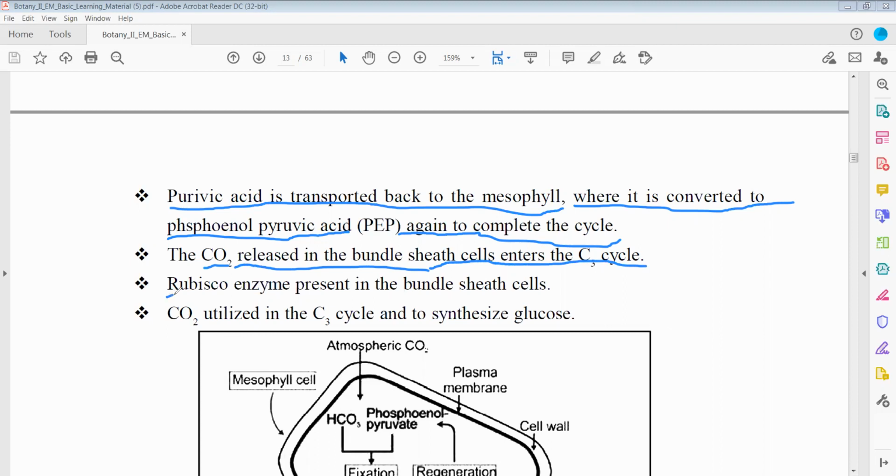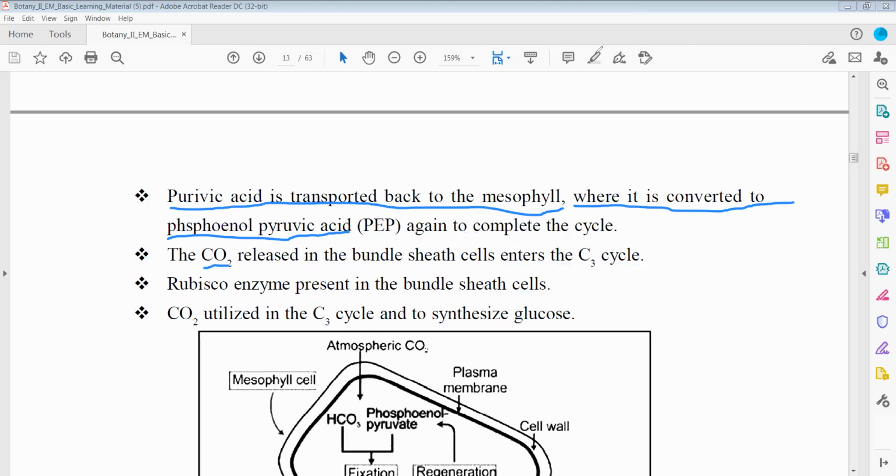The Rubisco enzyme, which is present in the bundle sheath cells, takes up CO2, and it is utilized in the C3 cycle to synthesize glucose. Now let me explain this diagrammatically.